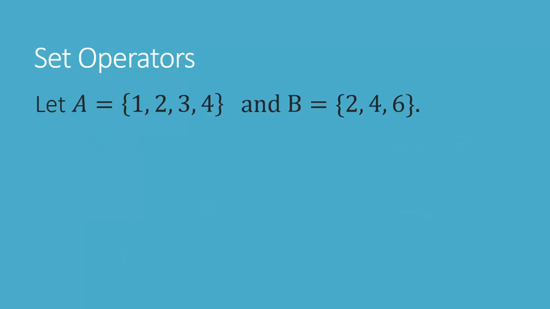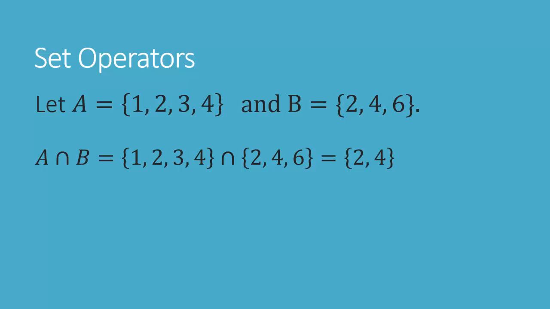So we're going to look at this with an actual set, a very simple set. Let set A be just 1, 2, 3, and 4. We'll let B be three numbers, 2, 4, and 6. So the intersection of sets A and B, or A and B: what elements are in A and in B?